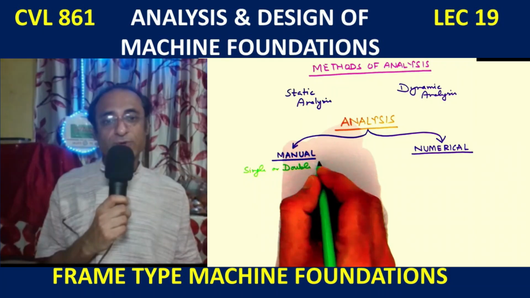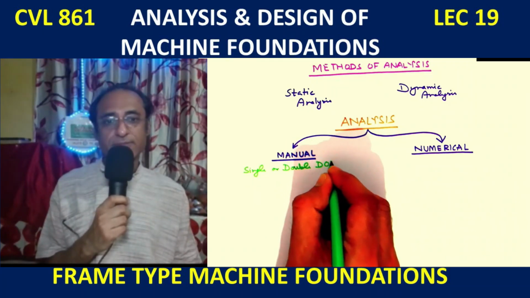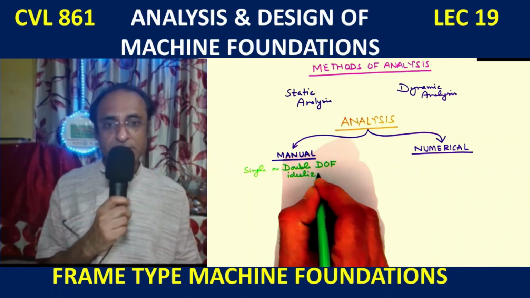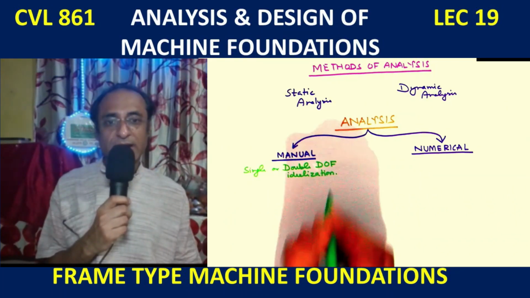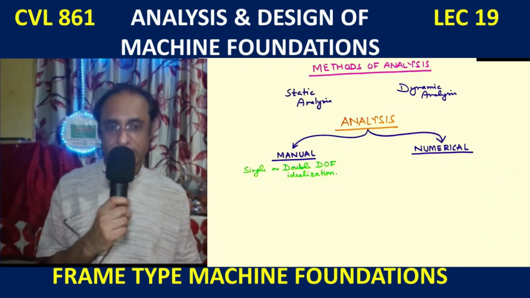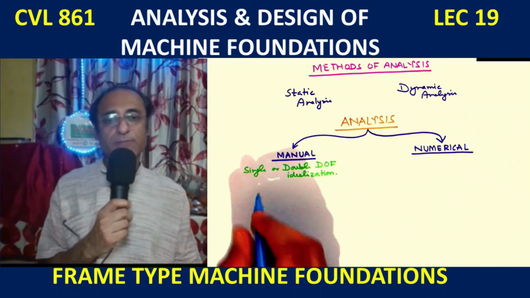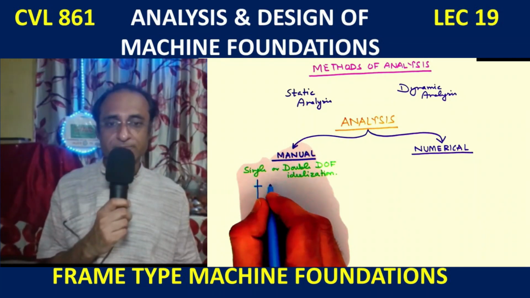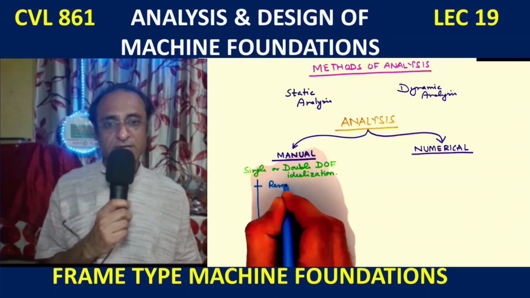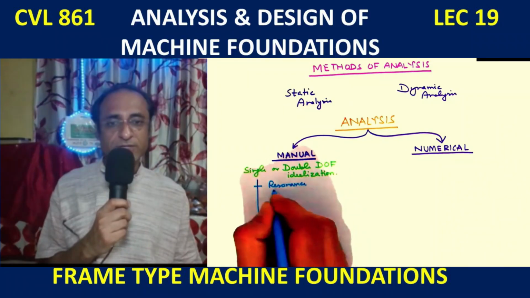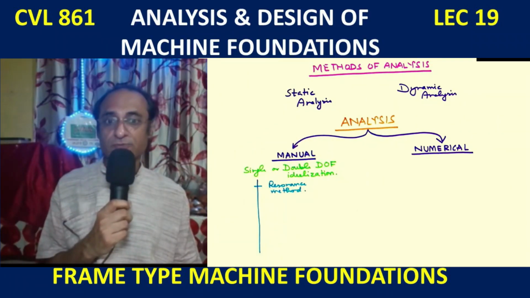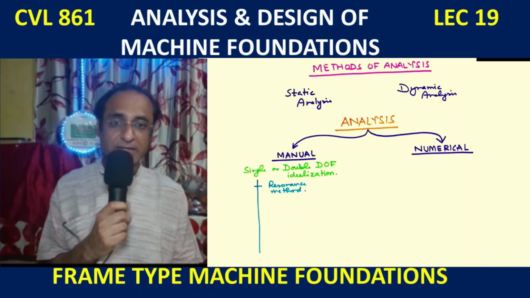Similarly for dynamic analysis, there are approximate methods available, the principle behind which is to idealize as a single or double degree of freedom. Now because we have the matrix approach, stiffness approach, and the FEM, we don't follow these, but just for the sake of knowledge, we are covering that earlier these manual methods of analysis were used for dynamic analysis also.